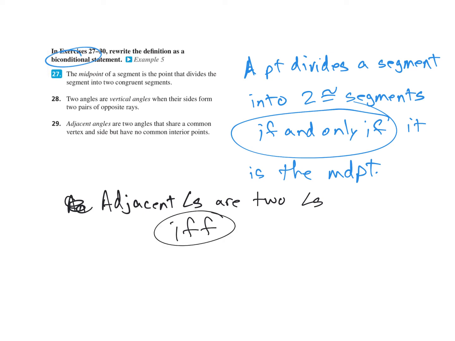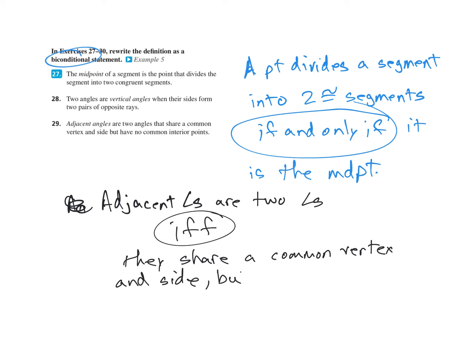So there's a symbol you can use instead of writing that out. If and only if they share a common vertex and side, but have no common interior angles.